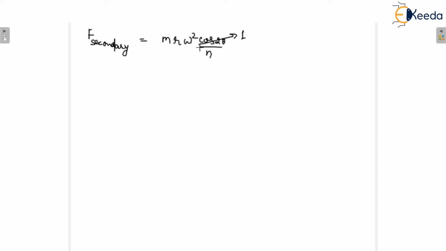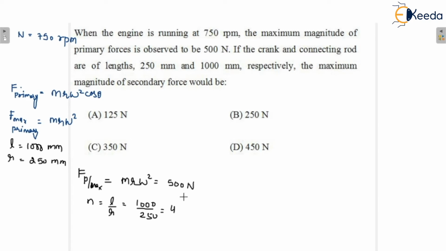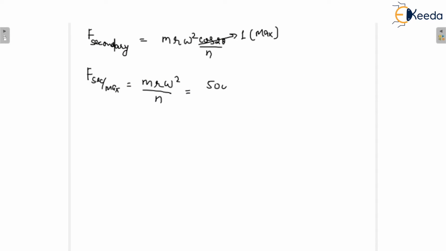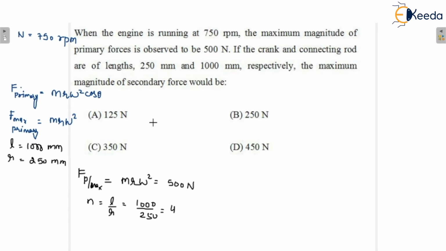So F secondary maximum you will get as mr omega square upon n, yes or no? And mr omega square value we have, that is 500 newton, and the n value we have calculated, that is 4. So the answer is 125 newton, that is the maximum magnitude of the secondary force.